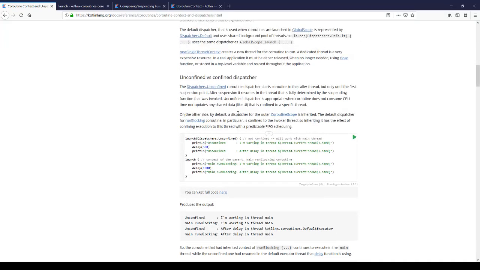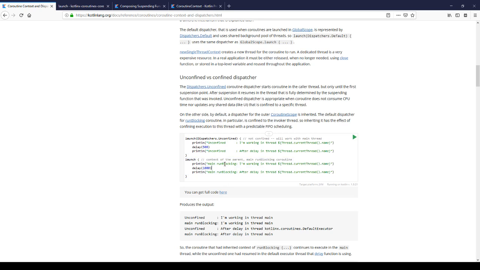On the other side, by default, the dispatcher for the outer coroutine is inherited. The default dispatcher for the runBlocking coroutine in particular is confined to the invoker thread, so inheriting it has the effect of confining execution to this thread with predictable first in first out scheduling. So yeah, that's why, because the whole runBlocking is first scheduled, then this launch.